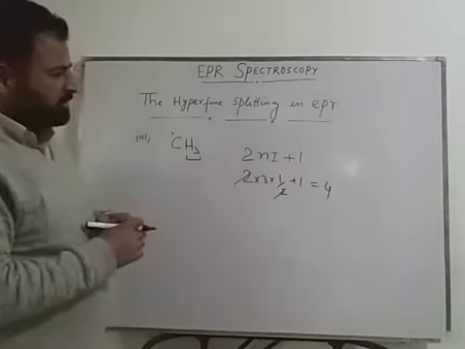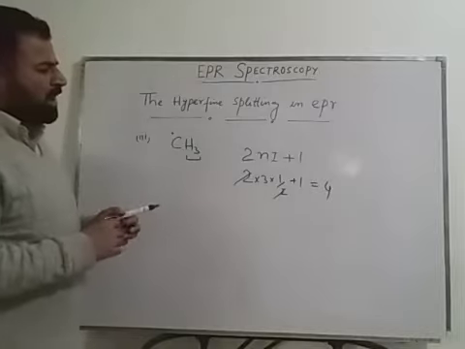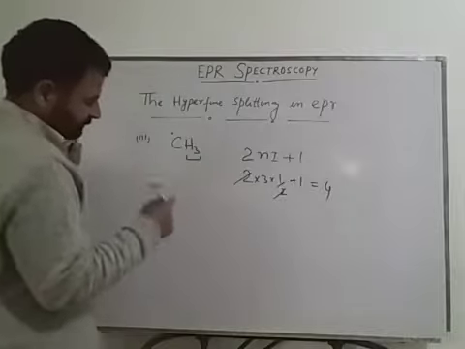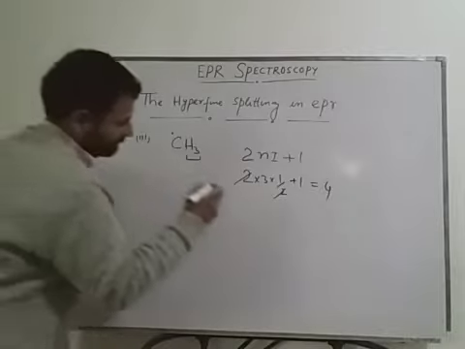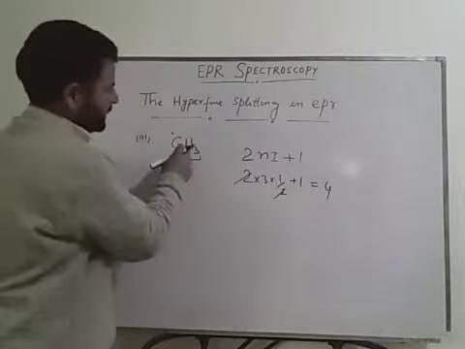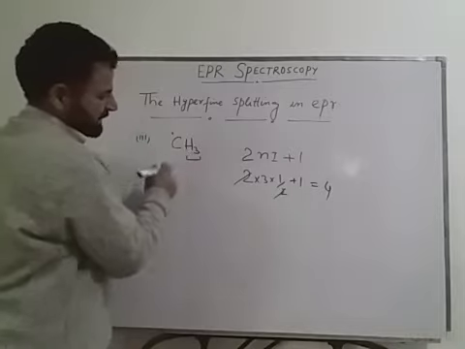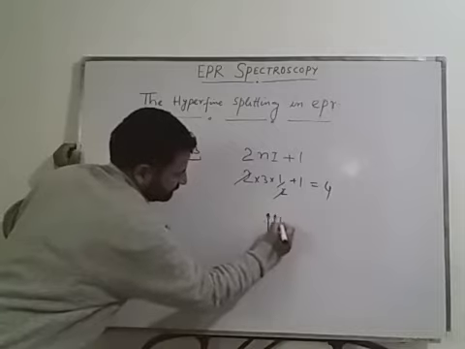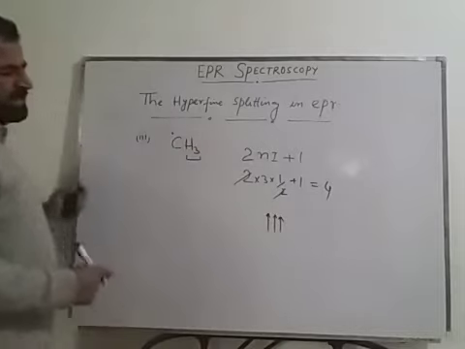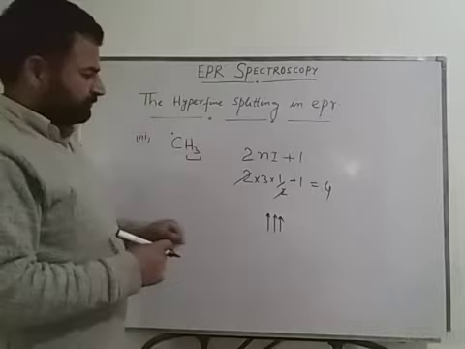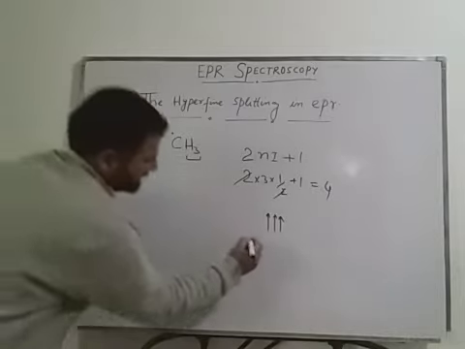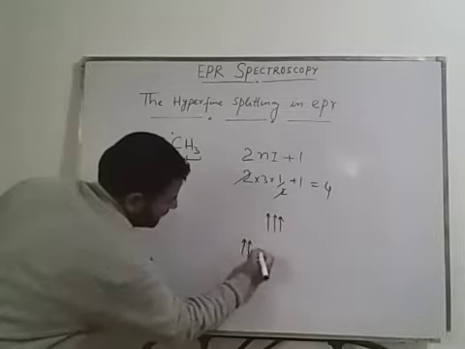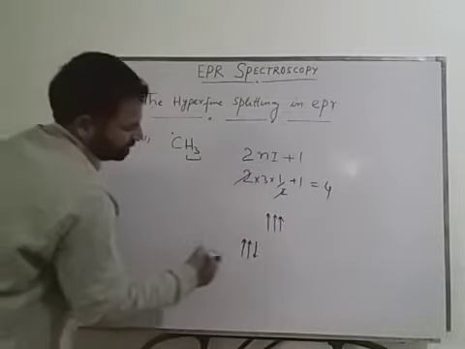Okay, so now how will we show it? We can show it like this. For example, we have three hydrogen atoms. They will be aligned like this. The nuclear spins will be aligned like this: all in the upward direction, or there is a possibility that 2 will be upwards and 1 will be downwards.